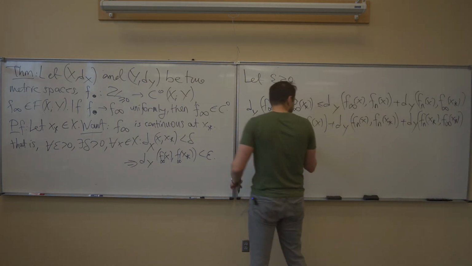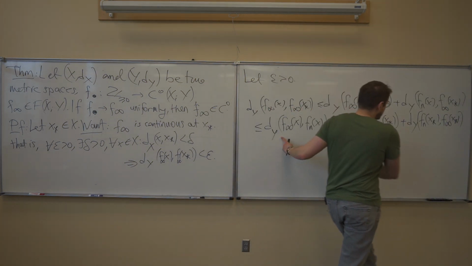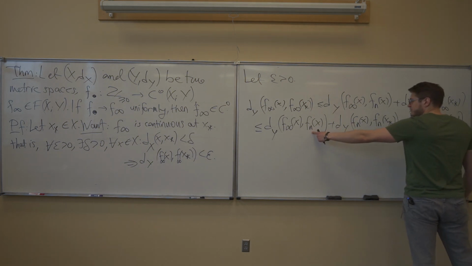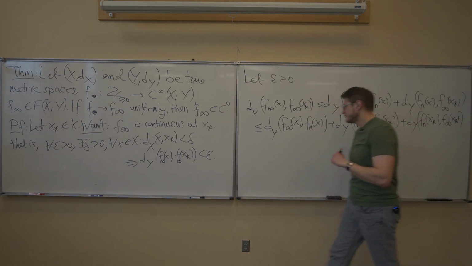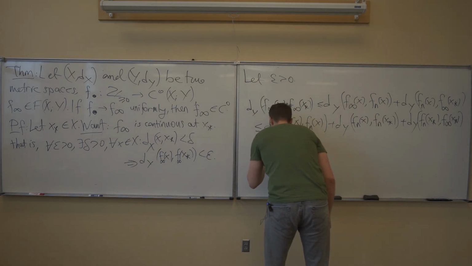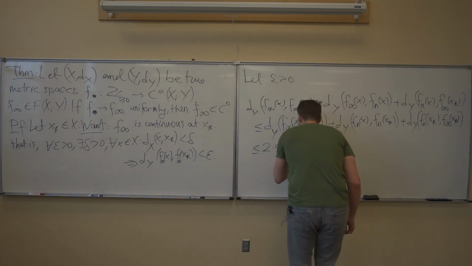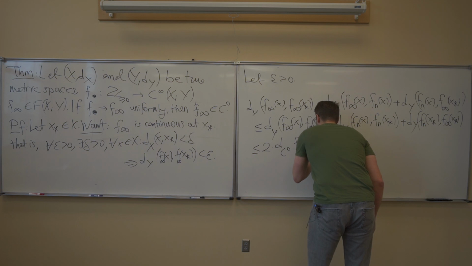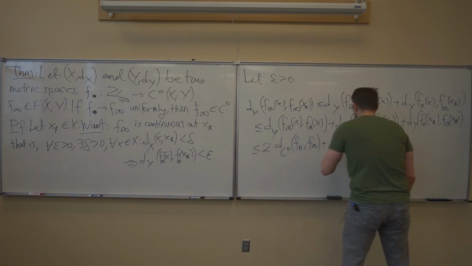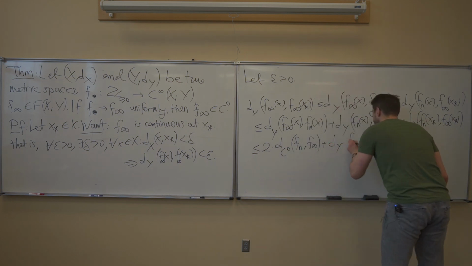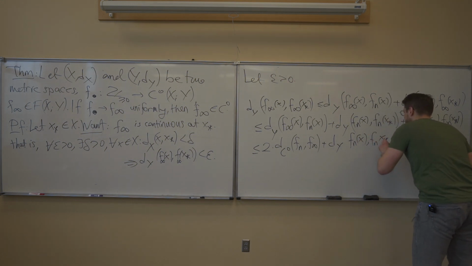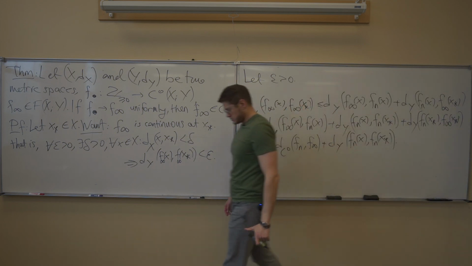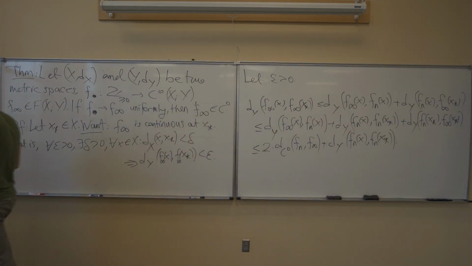And so what can I write here? This is bounded by the C0 distance between f sub n and f sub infinity, and likewise there. So I have twice the C0 distance, plus this term.